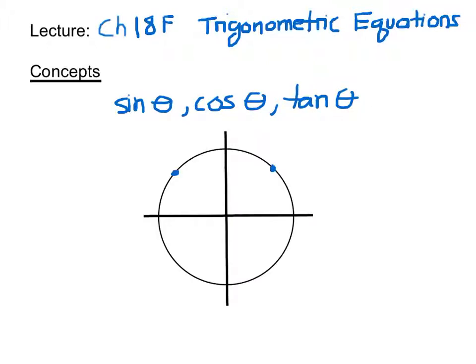First, consider these 2 points on a unit circle, formed by this angle and this angle.